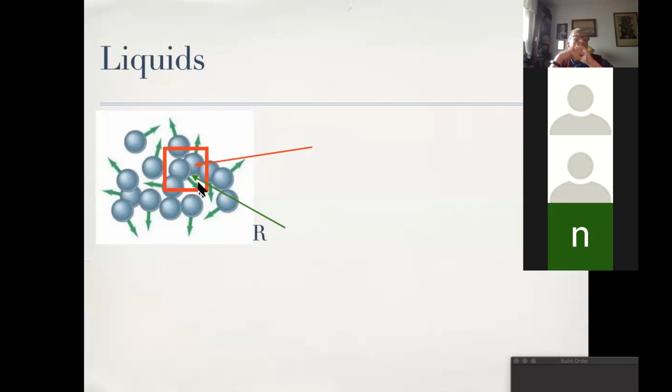Then, when we do this procedure, the whole volume of the liquid will be split into these boxes, these red boxes, and each of those red boxes is located at a certain point R, where this point R is nothing else than, for example, a center of gravity, center of mass, or whatever we choose to be of importance as a location.